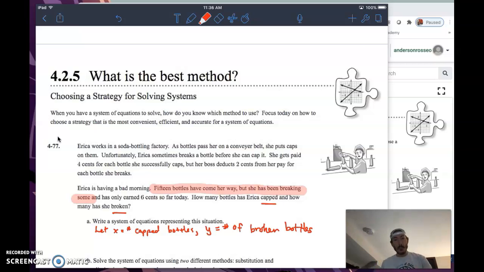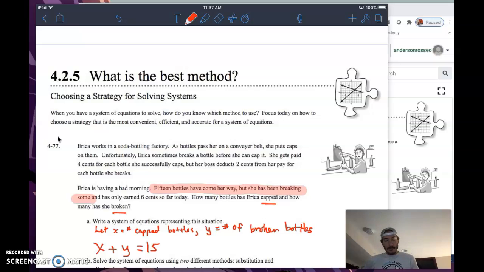So we know that there are some broken. We know that there are some capped. So the easiest thing for me is going to be to take the number of capped bottles and the number of broken bottles, and say, hey, those things got a total of 15, right? Because she's had 15 bottles pass her. Okay, so there's my first equation, and that is a pretty easy one to deal with. In fact, I'm going to like that one when we have to solve here in a second.